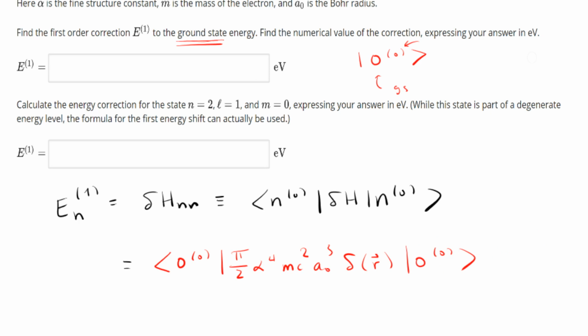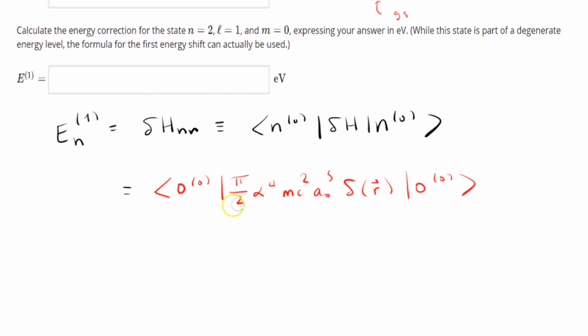Okay, we can factor out these constants, right? They're just constants after all. So this is equal to pi over 2, alpha to the 4th, mc squared, a naught cubed, and then the matrix element of the delta function.